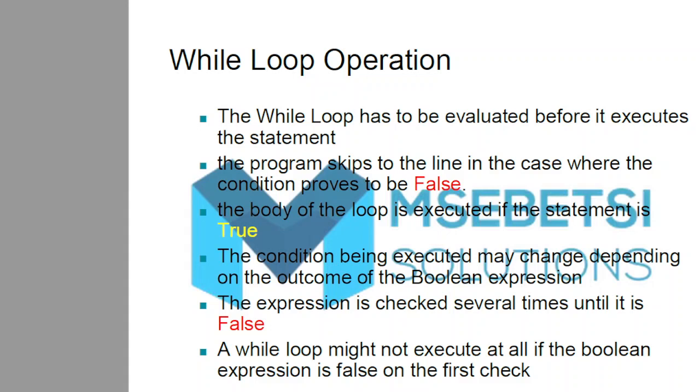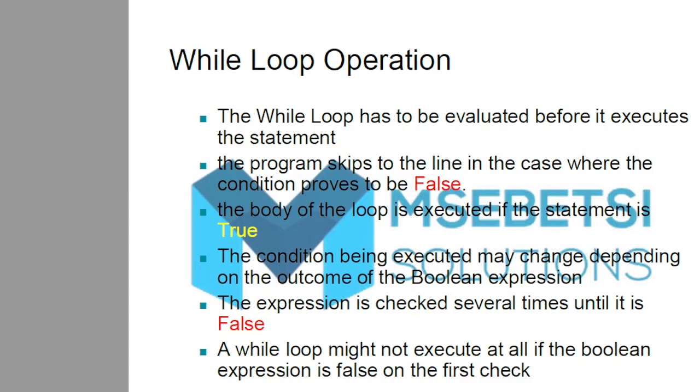So here, if the condition changes, like you saw that integer I, it changes its value from 0 to 1 depending on the outcome of the Boolean expression, all the way to 5. When it gets to 6, it realizes that the Boolean expression is false, and then it stops.